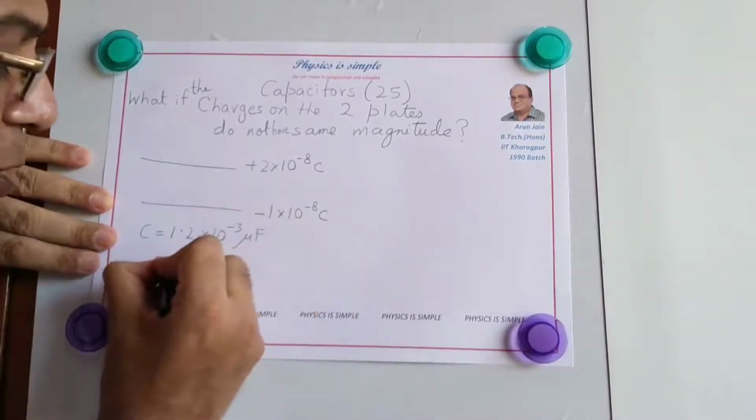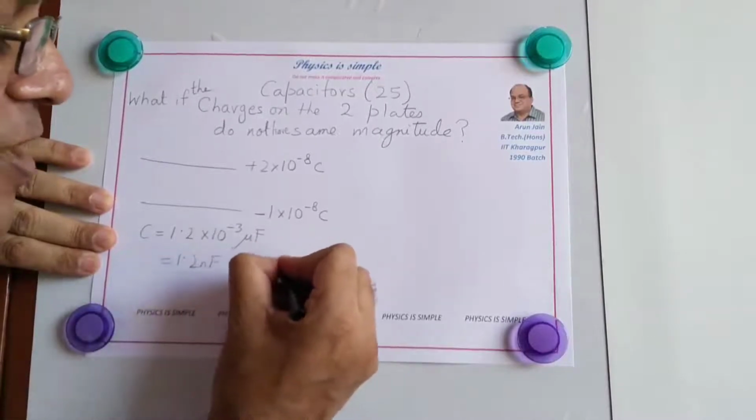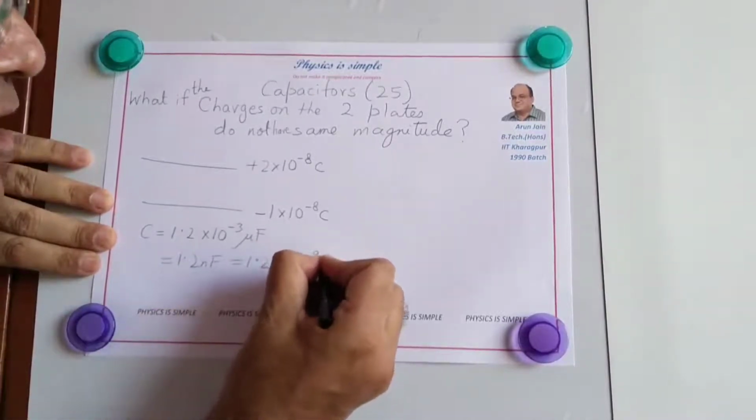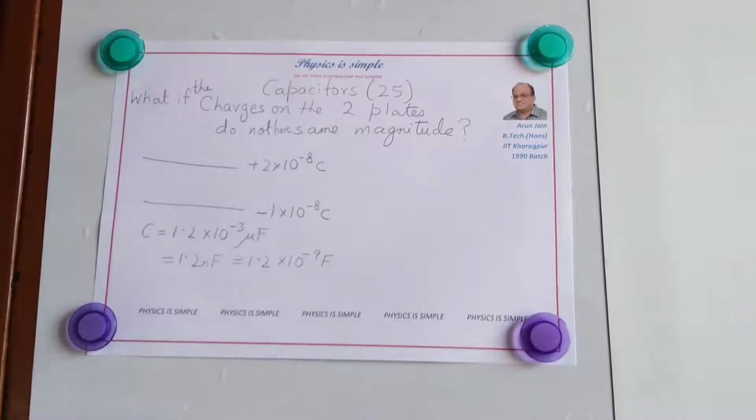We could have called it 1.2 nanofarad as well. So that is 1.2 into 10 to the power minus 9 farad. We have to calculate the potential difference between the plates.